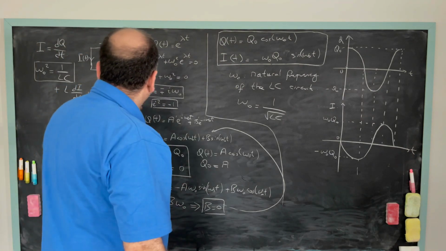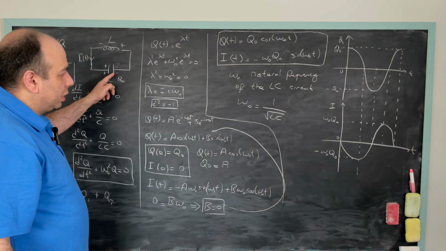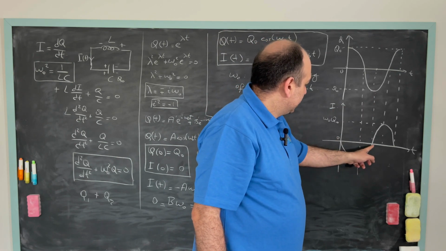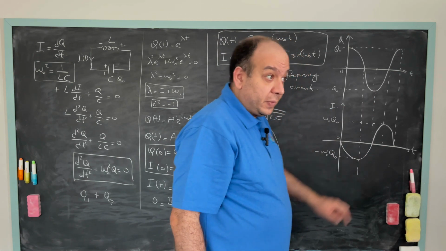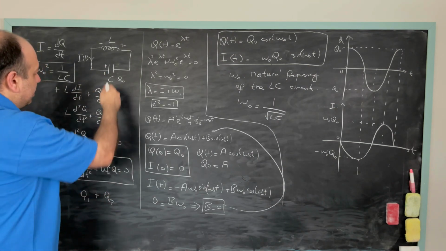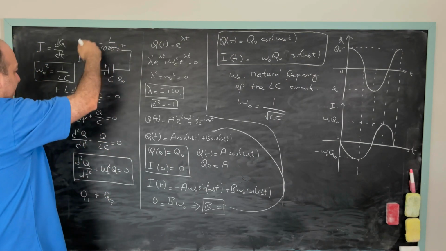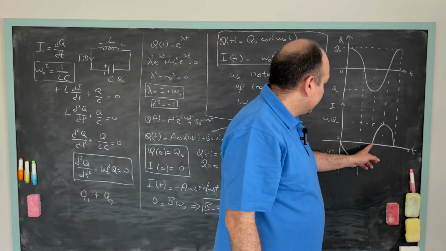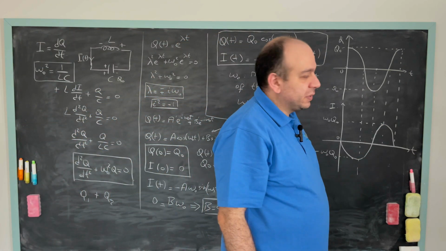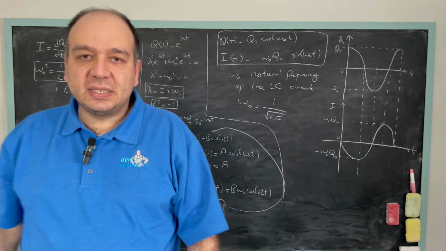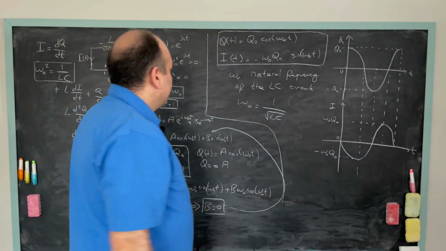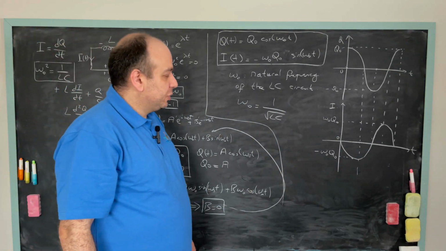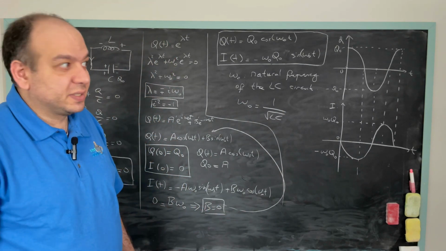So when this terminal is fully charged, we are here, okay? So the current in the circuit becomes 0, but now the capacitor starts to discharge in the opposite direction, which I assume to be my positive direction for the current. That's why the current becomes positive here. And the cycle repeats itself indefinitely. So this is a typical oscillation we see in LC circuits when there is no resistor.